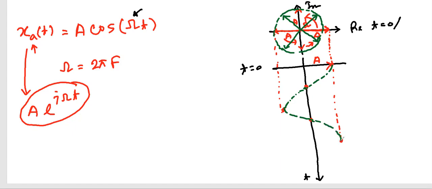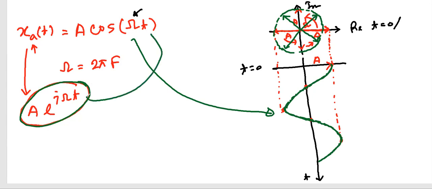If you proceed further, it will continue like this. And as we have mentioned, this plot looks exactly like a sinusoidal signal. So we have established that this Cartesian plane representation is equal to the time domain representation of the sinusoidal signal.